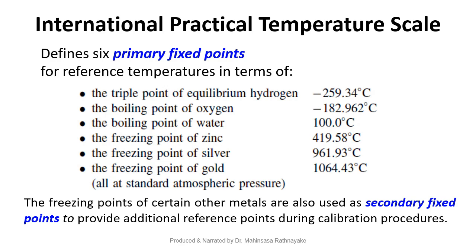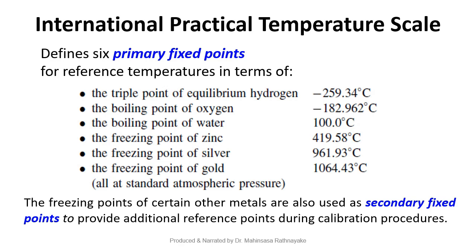The fourth fixed point is the freezing point of zinc, that is 419.58 degrees Celsius. The fifth one is the freezing point of silver, that is 961.93. And the last primary fixed point is the freezing point of gold, that is 1064.43 degrees Celsius.